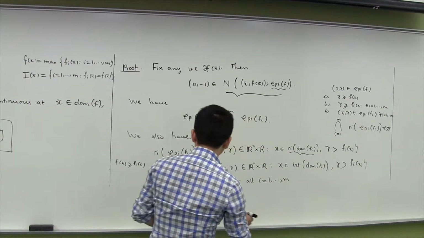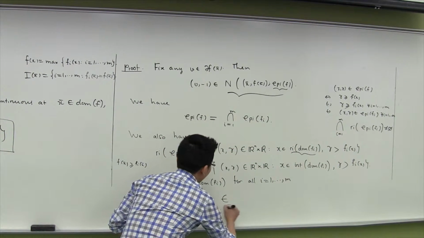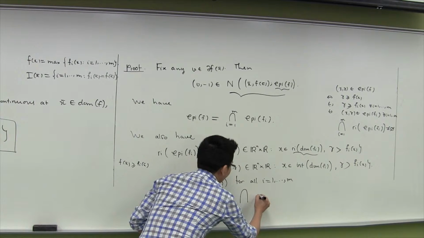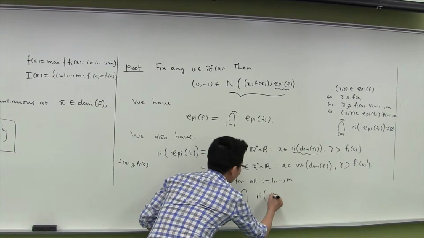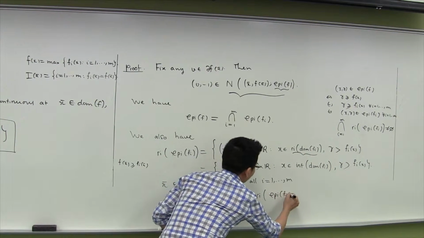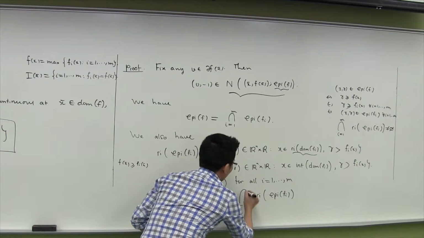So from here we can easily see that this element belongs to the intersection of the relative interior of the epigraph of fi, where i runs from 1 to m.